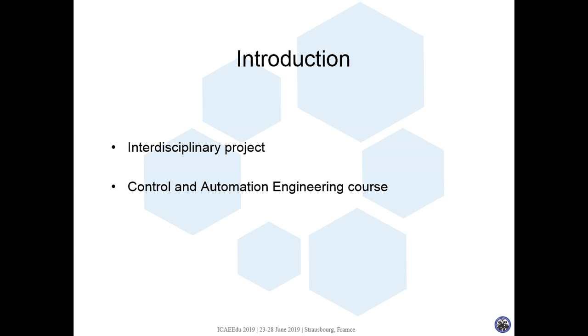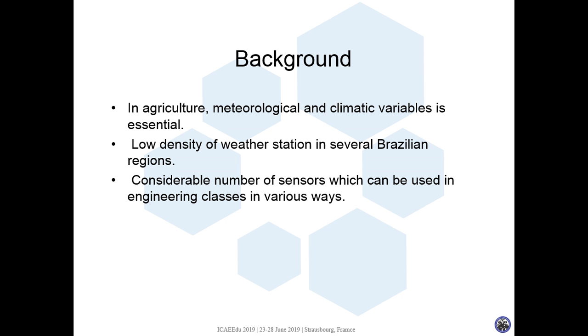The project presented here is an interdisciplinary approach made in a control and automation engineering course. In agriculture, knowledge about meteorological and climatic variables is essential for taking action in various activities. It may be the difference between their success and their failure.